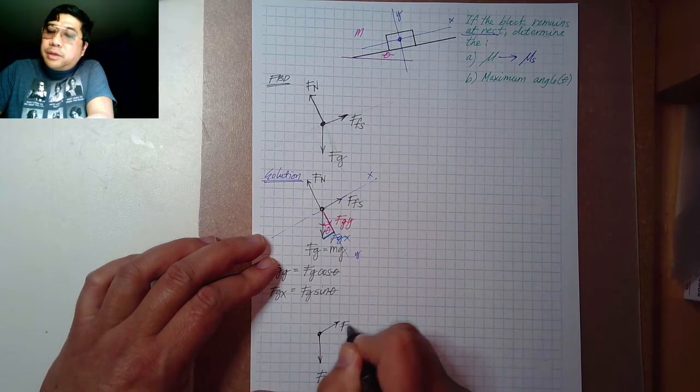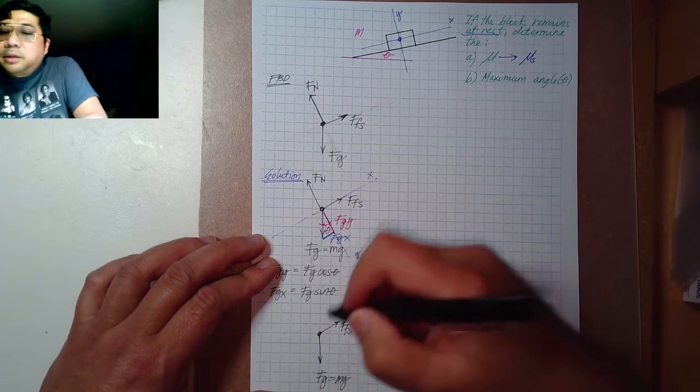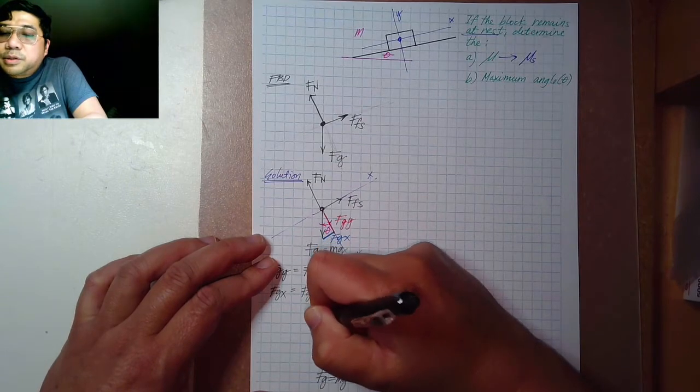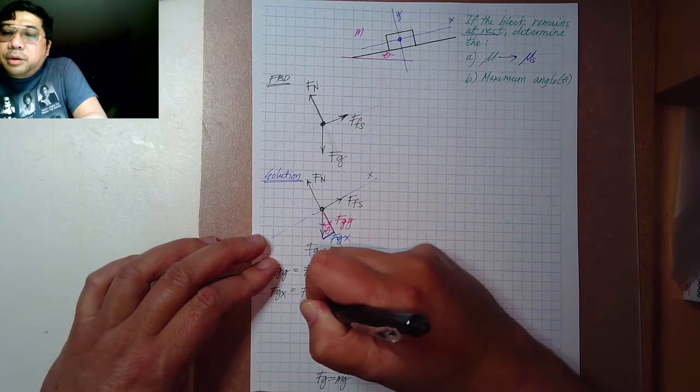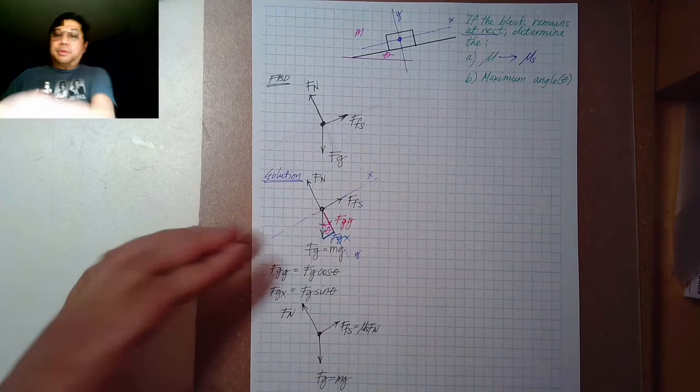The force of friction is equivalent to the coefficient of kinetic friction times the normal force. And the normal force is going to be somewhere along here, perpendicular to the surface.